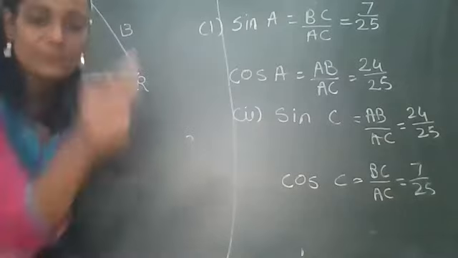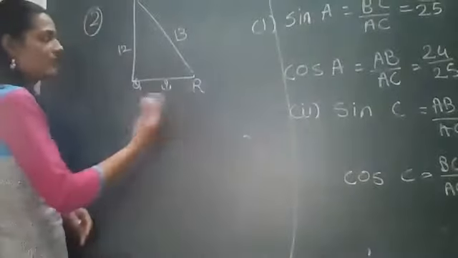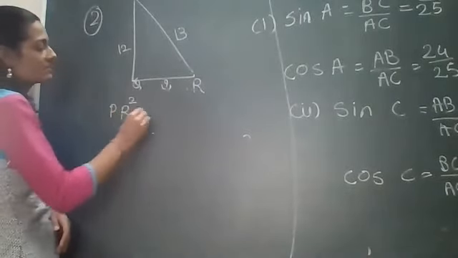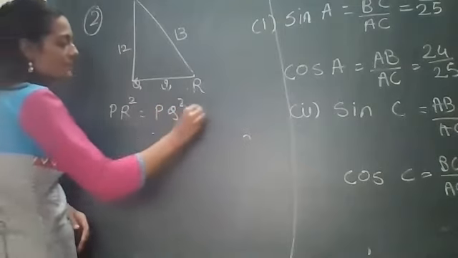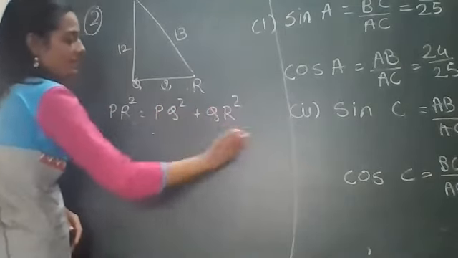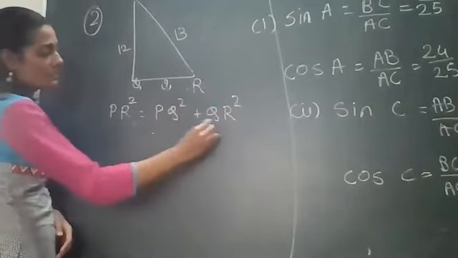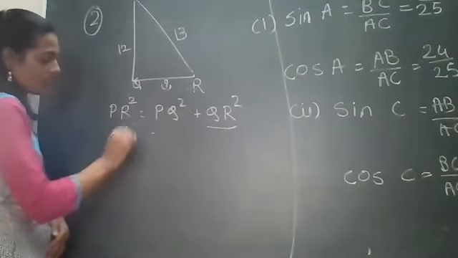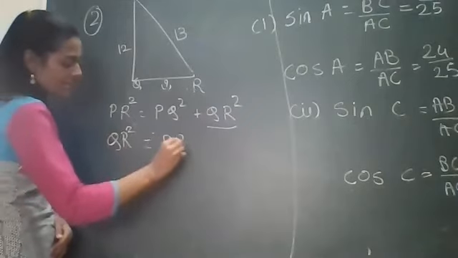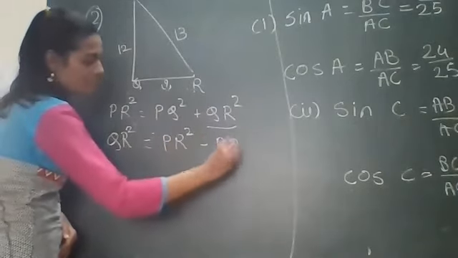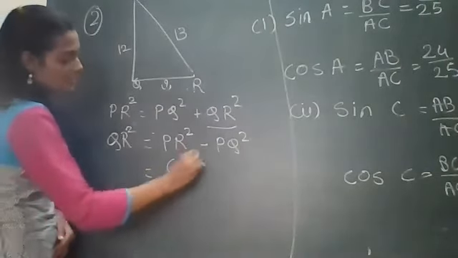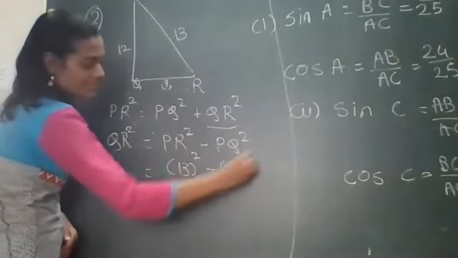So according to the Pythagoras theorem, we will write that PR square is equal to PQ square plus QR square. Now we have to find this QR square, so we are making it alone. QR square is equal to PR square minus PQ square, which is 13 square minus 12 square.